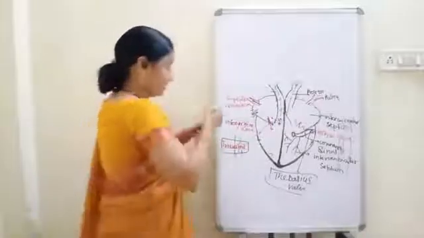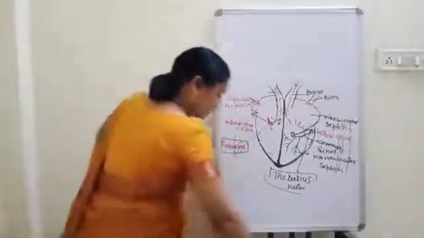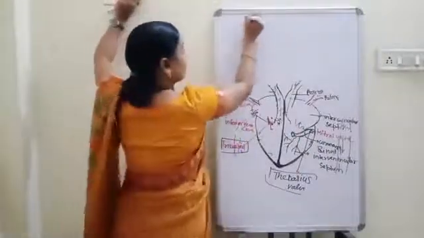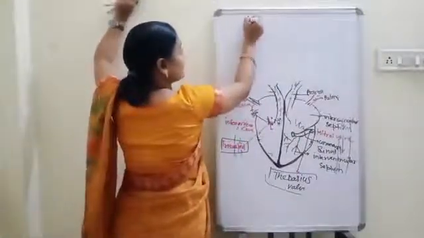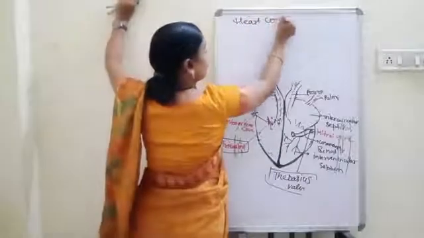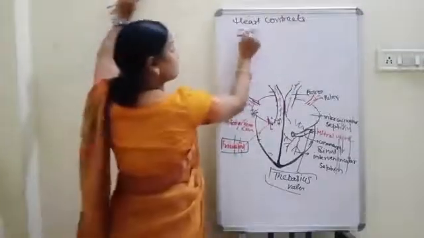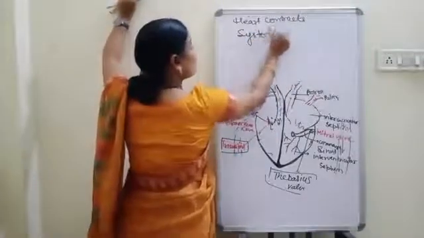Now see children, the contraction and relaxation form two things. Contraction phase. What is the first? That is our heart contracts. Okay? And this contraction phase is called the systole.